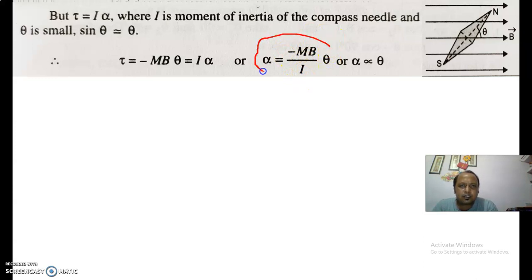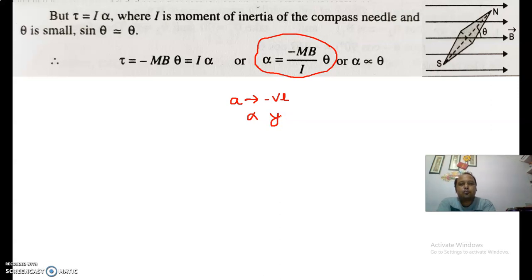Now this relation is very important, because in simple harmonic motion we know that acceleration has to be negative, and secondly acceleration has to be directly proportional to the displacement y.